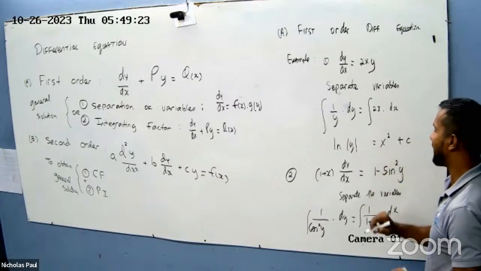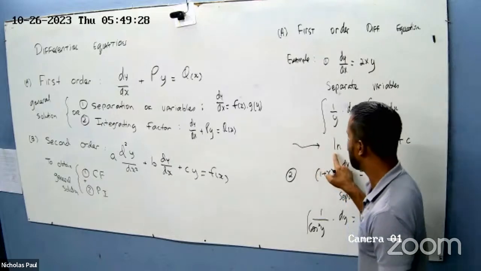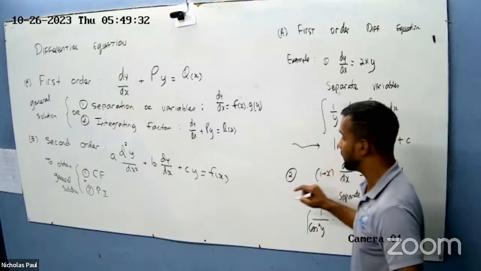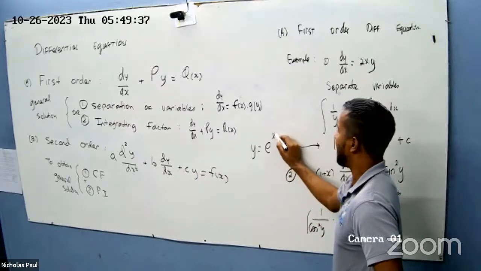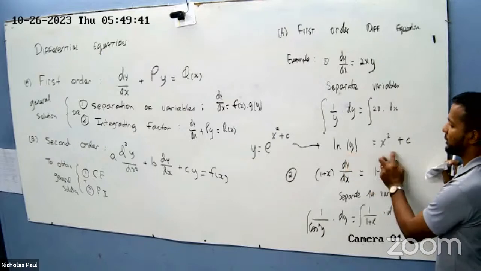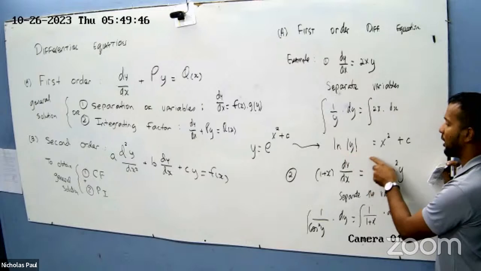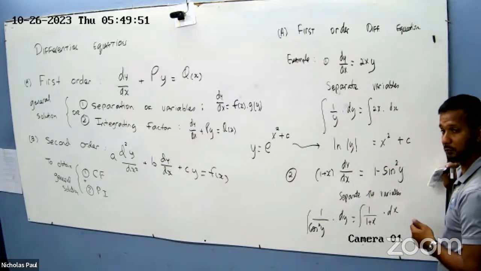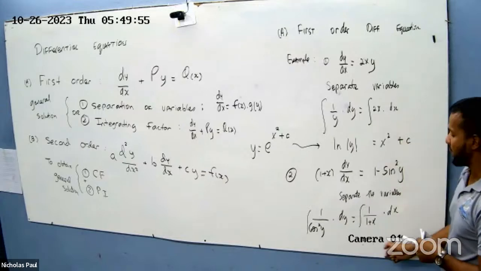Sometimes it looks nice, like this one: if I make y the subject, when you carry across ln, you'll get y is equal to e to the x squared plus c. Are you okay with that? Copy this down so we can finish up now.